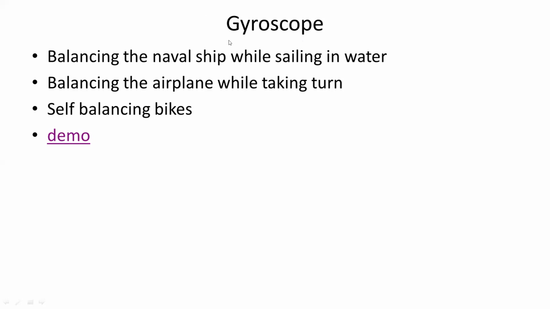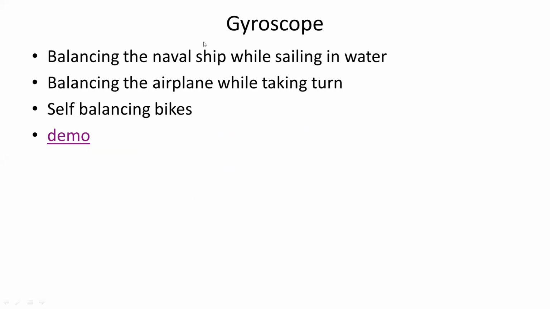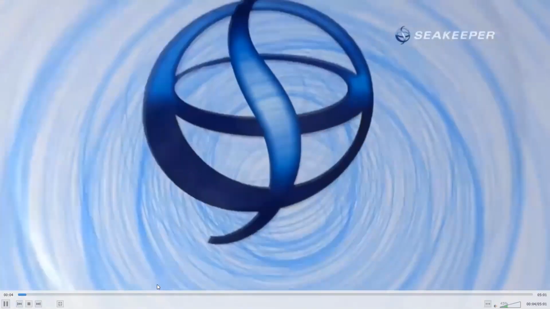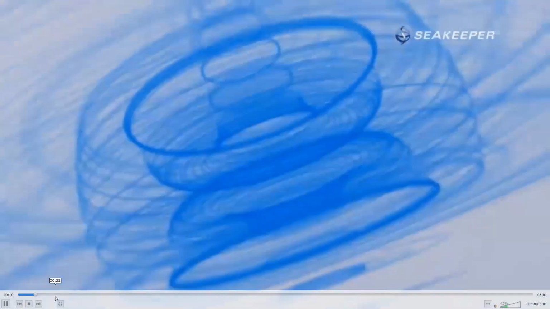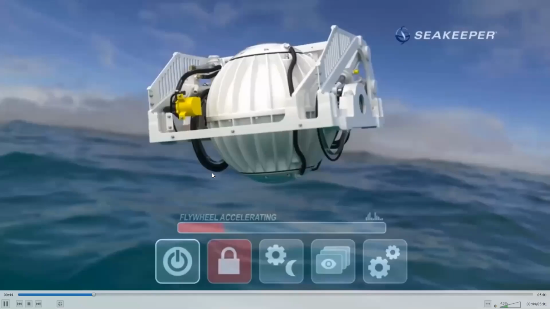So basically we have the analysis, that is a motion analysis, force analysis for the gyroscope. Here in the video, you can see the application, where the gyroscope is exactly connected and how the ship is balanced. So this is called a gyroscopic instrument.